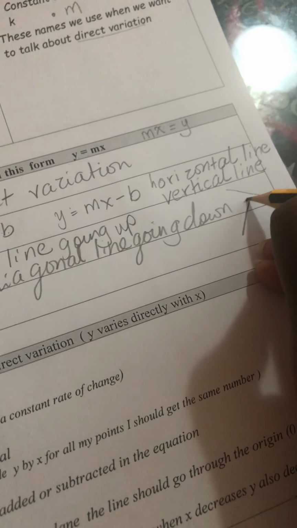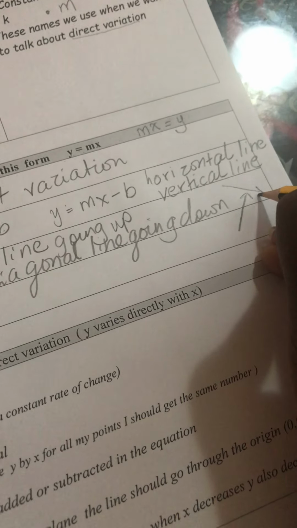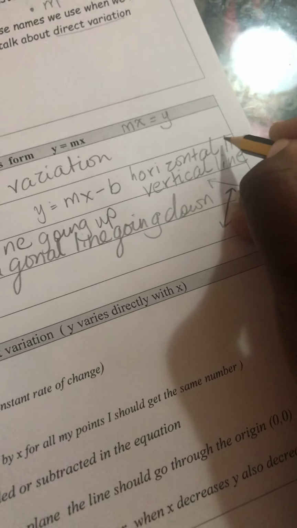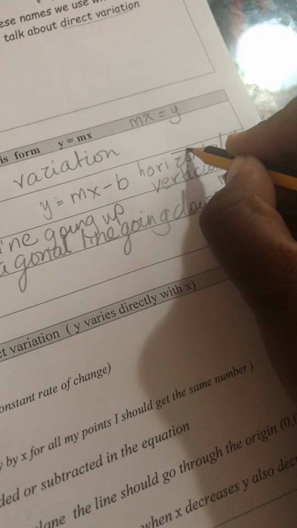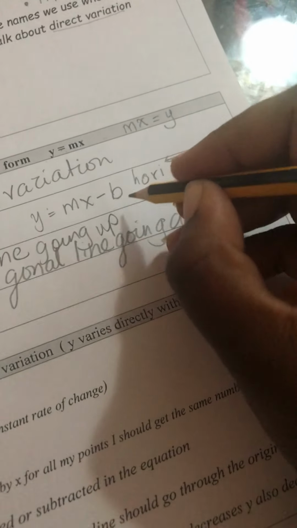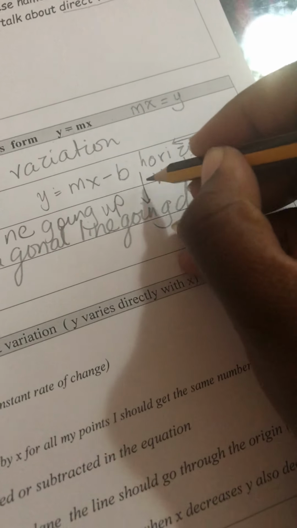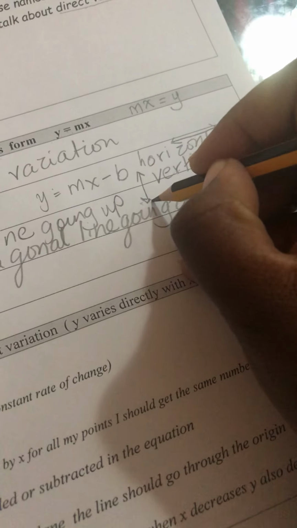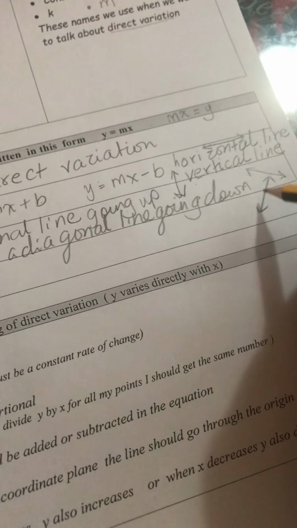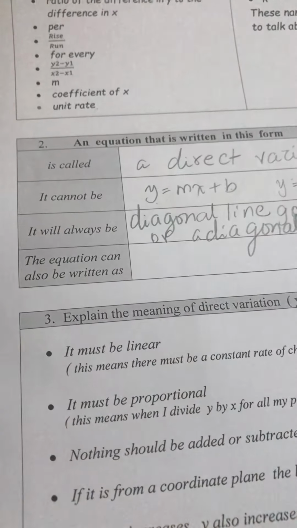Either the one going up or the one going down. It cannot be a horizontal line. Horizontal line is like this. And it cannot be a vertical line like that. It must be diagonal down or diagonal up. Okay?